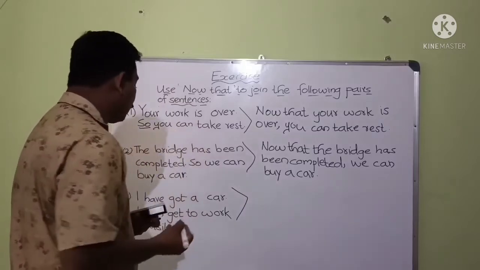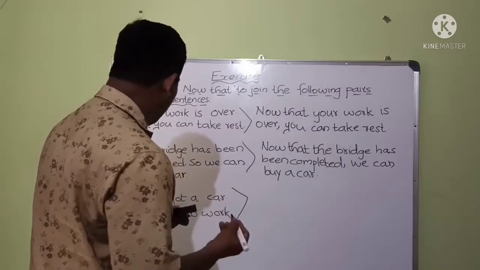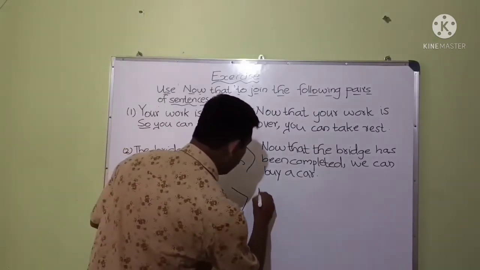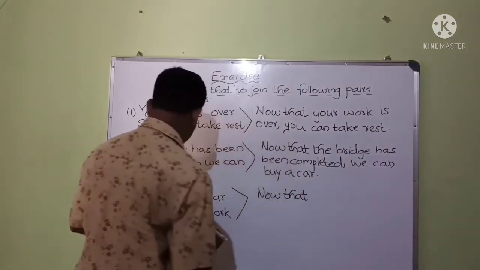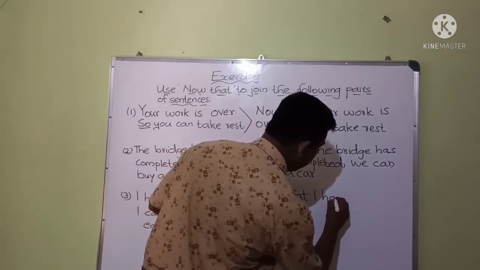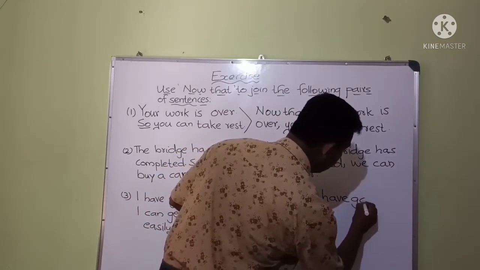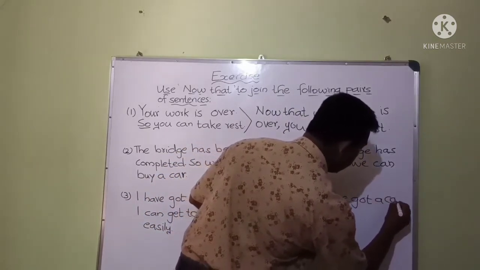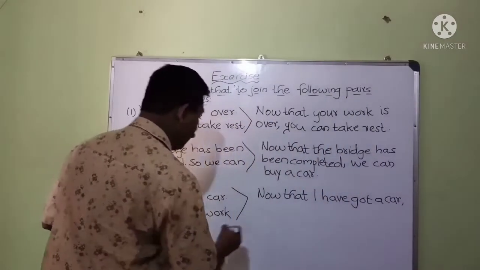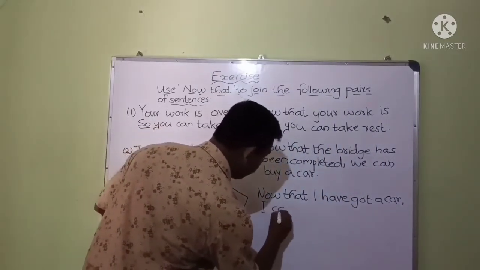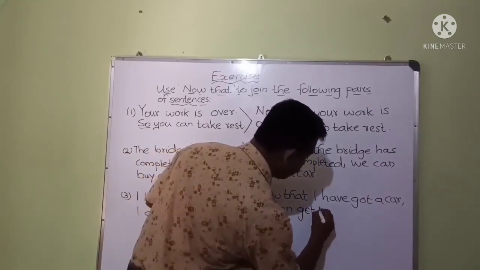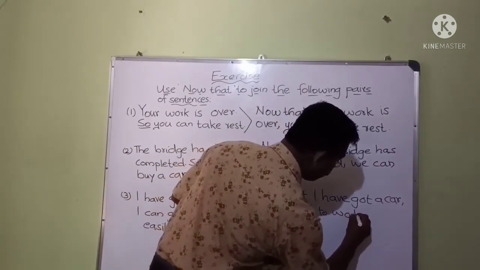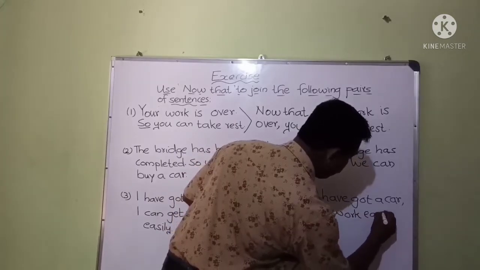Third one, I have got a car, I can get to work easily. Now that I have got a car, comma, I can get to work easily.